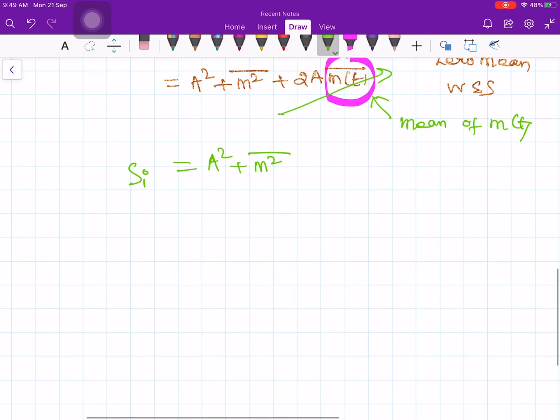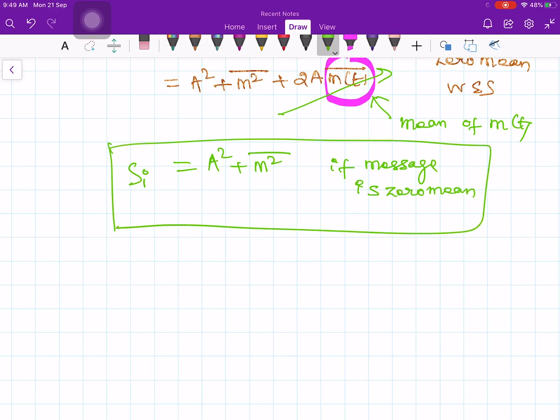If message is 0 mean, this means that message has no DC component, that's it. Because see, no one can speak with a 0 frequency, right? The moment you start to speak, it has certain frequency, certain band of frequencies.